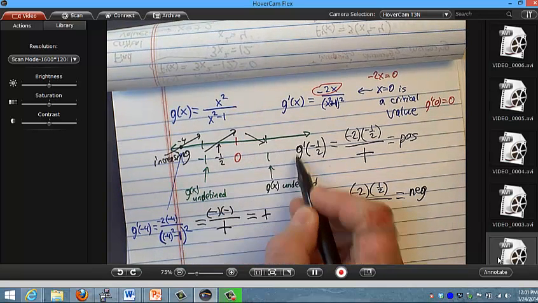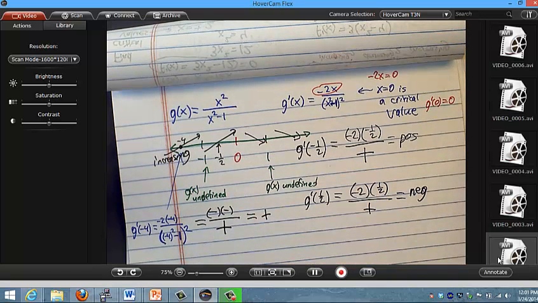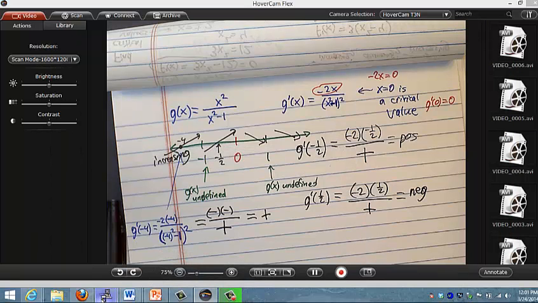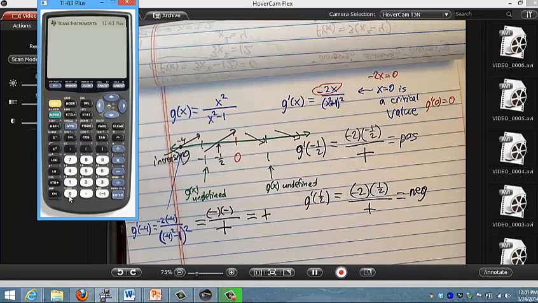And let me tell you that this is going to be decreasing also, because I don't want to work it all out. What I'd like to do is draw a picture of g of x with a calculator so you can understand the relationship between what we just did and what we see on the calculator. Let's try it again over here. So let's type into the y equals screen.